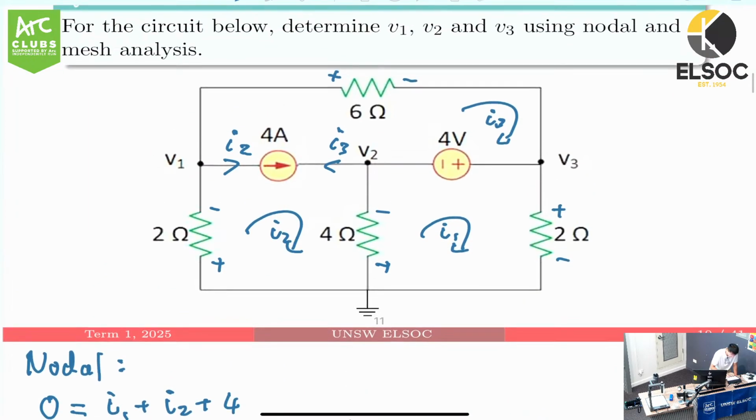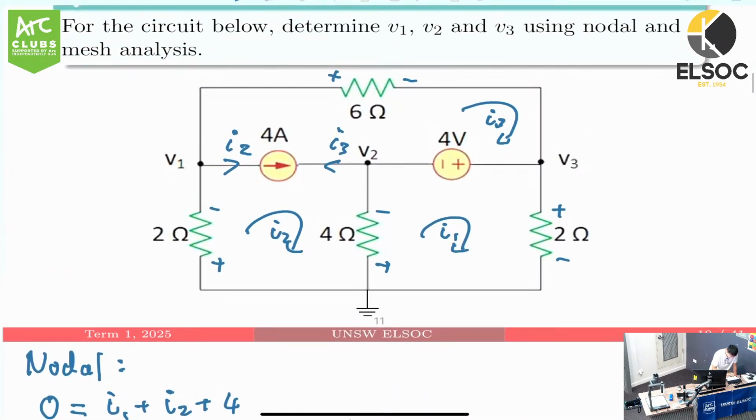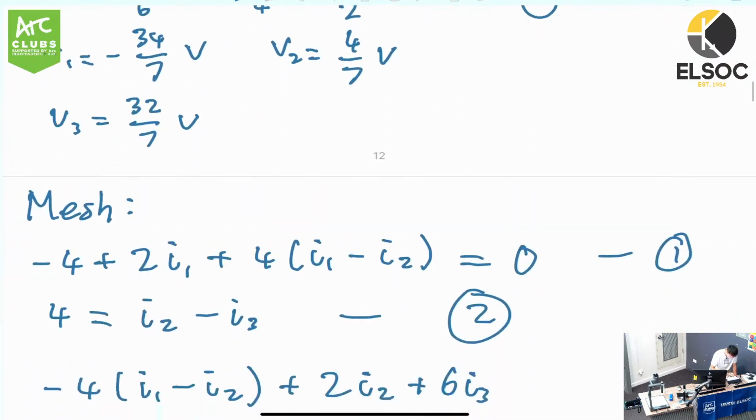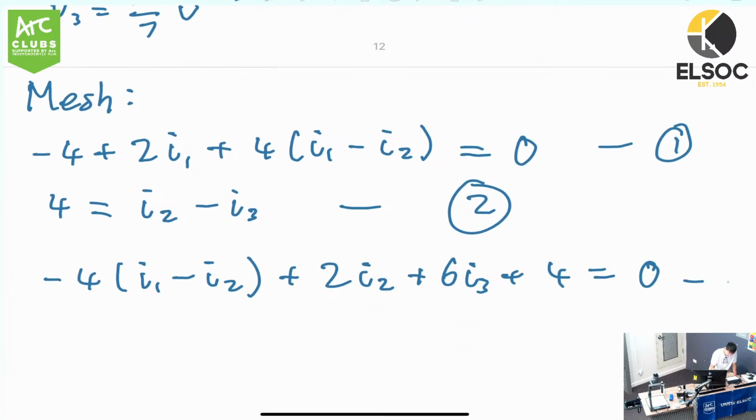Then we have the 6 ohm resistor, so plus 6I3. And then we have the 4 volt source, which is plus 4. All of that is equal to 0. So this is our third equation.